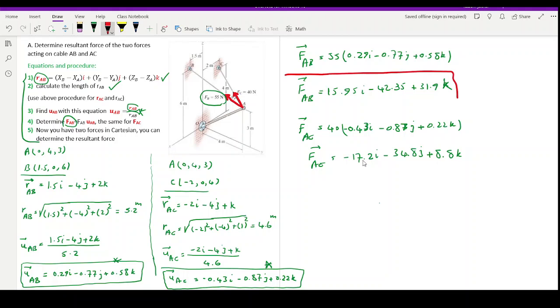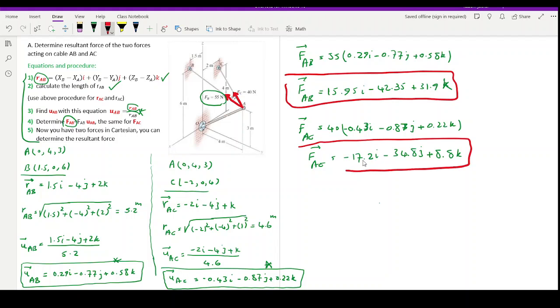So I have FAB now in Cartesian, and I have FAC in Cartesian. Clearly, I can add these two to each other to find FR. FR is FAB plus FAC. So the x components: 15.95 minus 17.2, that's going to be negative 1.25 i.